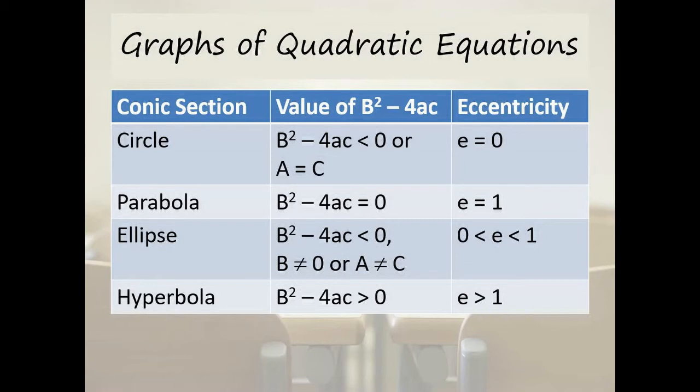Also, the eccentricity is between 0 and 1. If the conic section is a hyperbola, the value of b squared minus 4ac is greater than 0. The eccentricity is greater than 1.